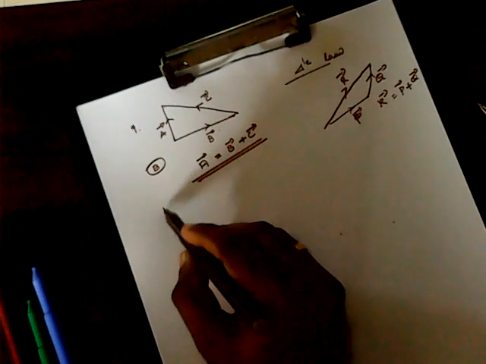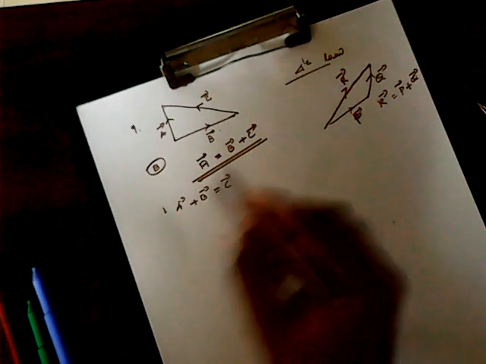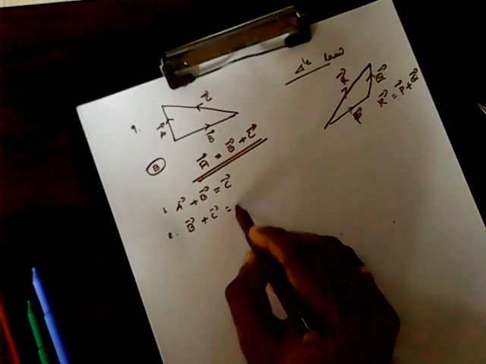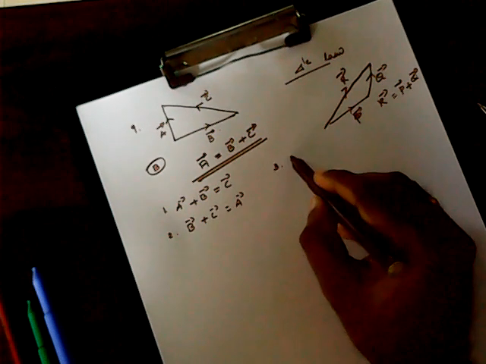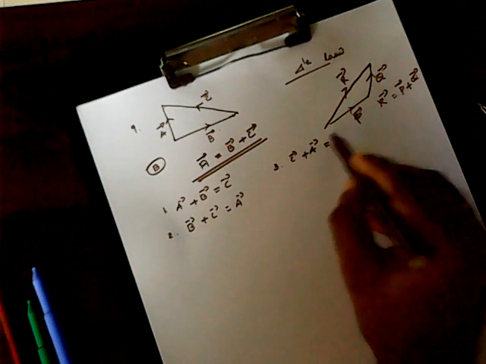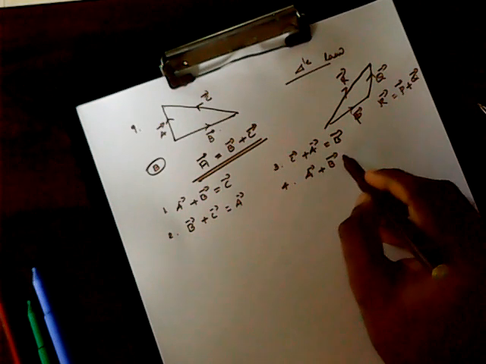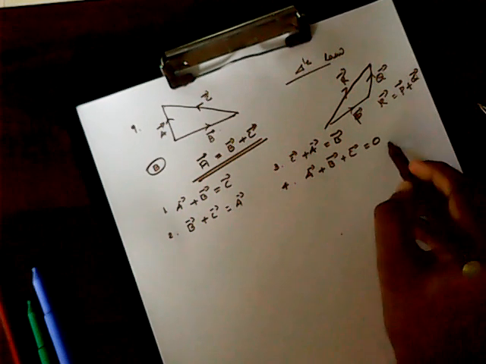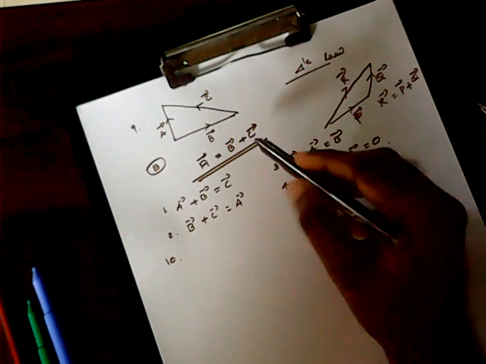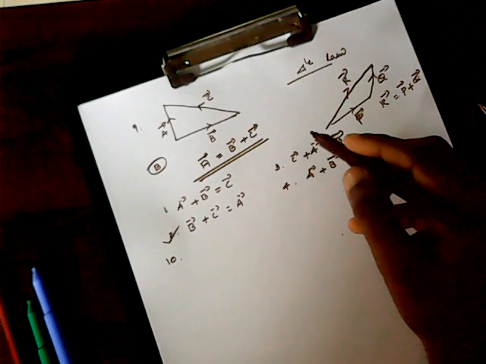The choices are: one, vector A plus vector B equal to C; the second choice, B plus C equal to A; the third choice, C plus A equal to B; and the fourth choice, vector A plus vector B plus vector C is equal to 0. So here the answer is vector A equal to B plus C, the second choice.